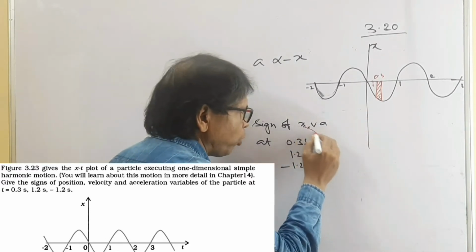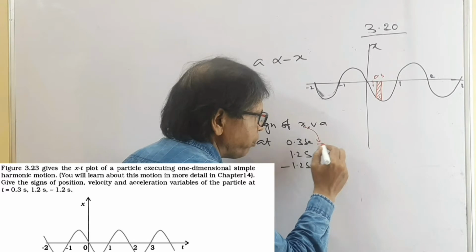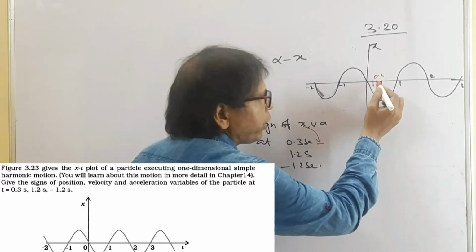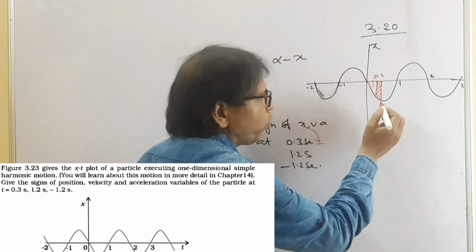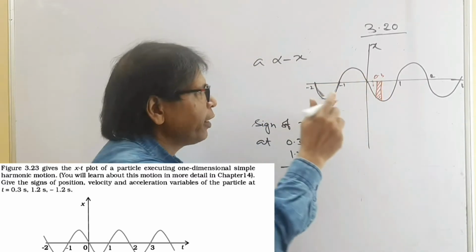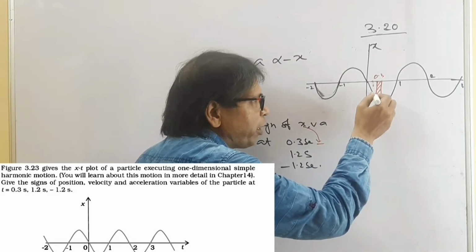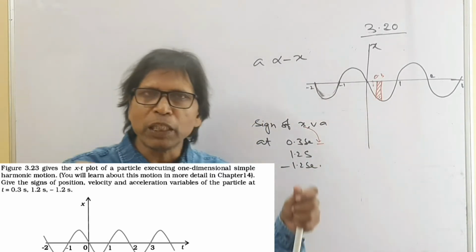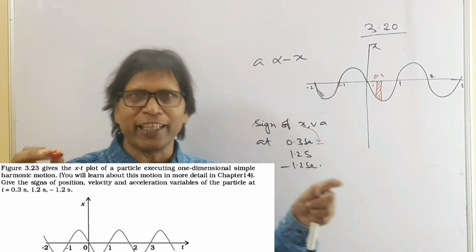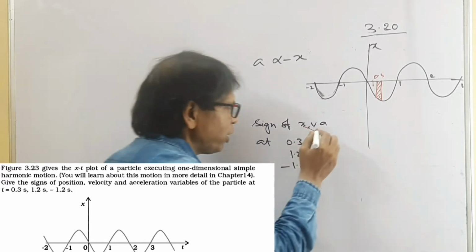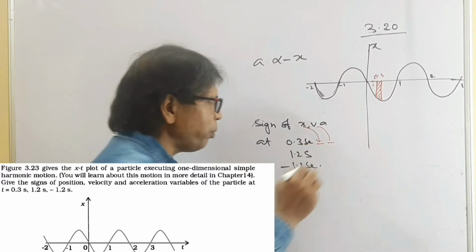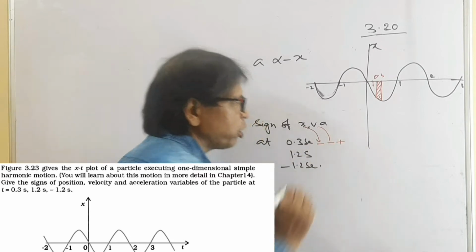Now v: at this portion when time t increases the displacement becomes more negative. Displacement more negative means the velocity is negative. Okay, so this is also negative. Now as x is negative, acceleration is positive.